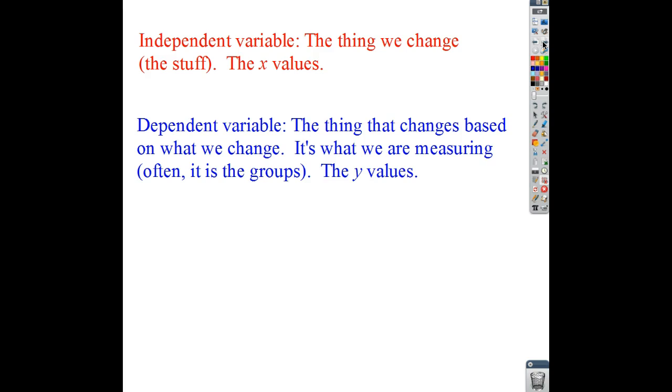Typically the dependent variable is y because it's going to go up and down, and the x values are typically the independent ones. A lot of times we use time values there. Not every single time, but the vast majority of the time when you see a time unit, you'll be talking about x, and oftentimes we use money as one of these things, and that'll almost always be on y.